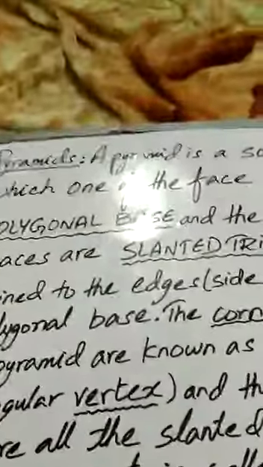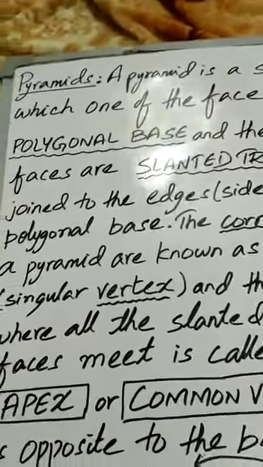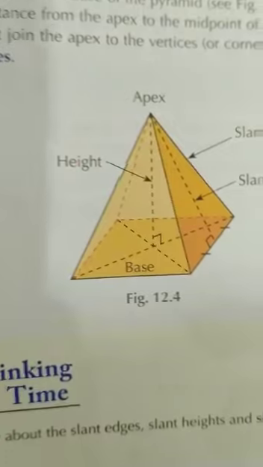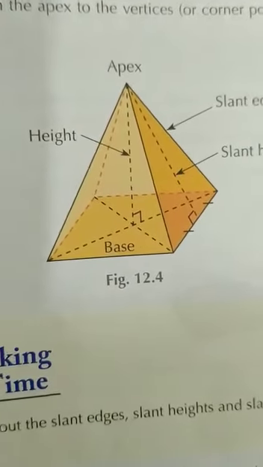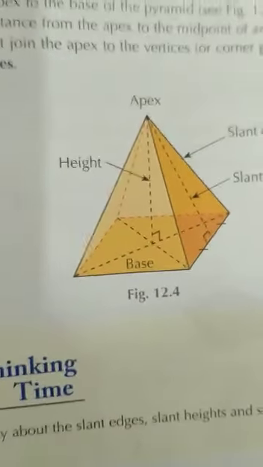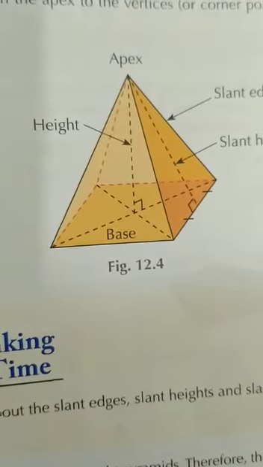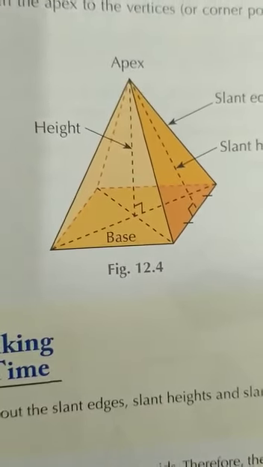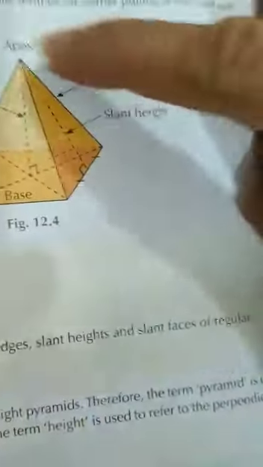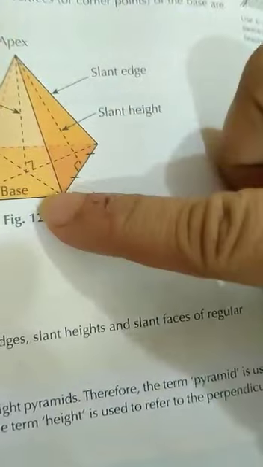Remember, all the triangular faces are slanted faces. Look here, have you seen the polygonal base? The square base is touching the ground, so we call it the polygonal base. And all the other faces are triangles. And look here very carefully, all the slanted triangular faces are attached to the polygonal base. This slanted triangle is attached to the polygonal square base.